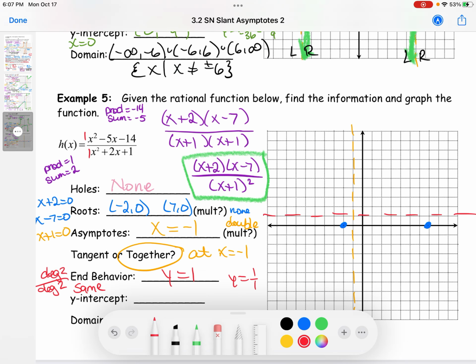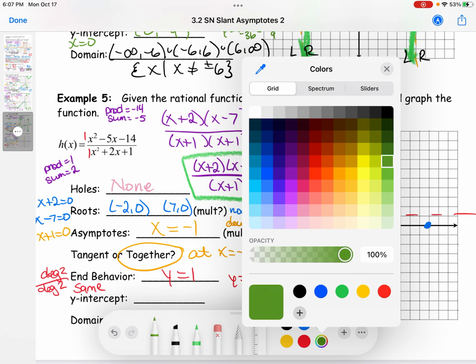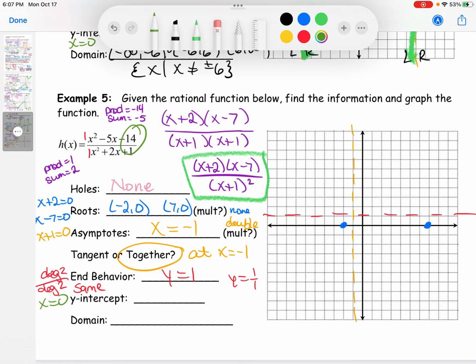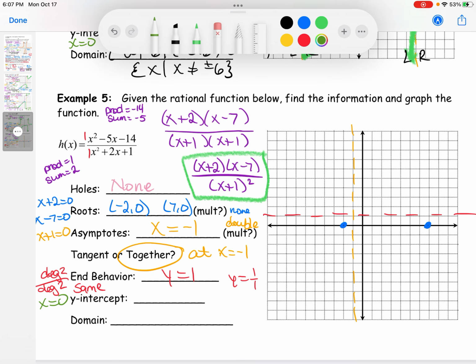To find the y-intercept, we need to set the x equal to 0. Use the unfactored form because it's just the constants. So y would equal negative 14 over positive 1.